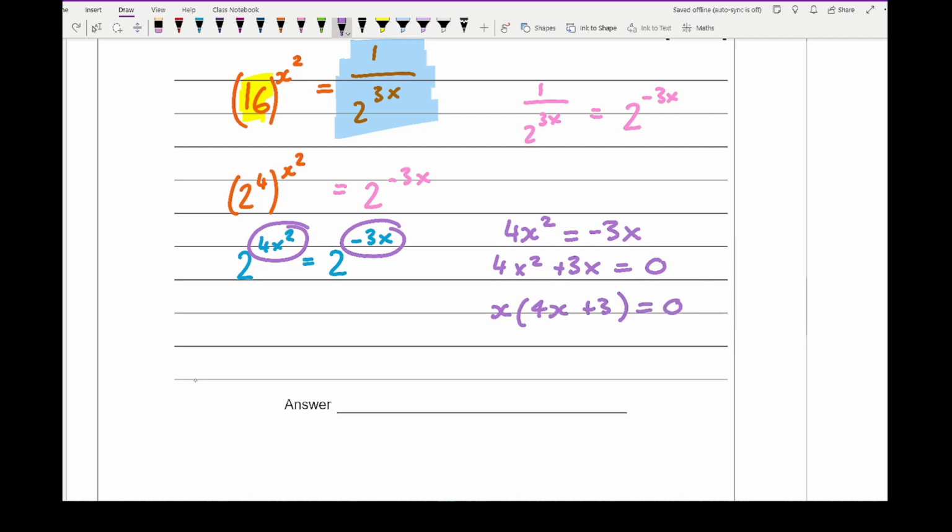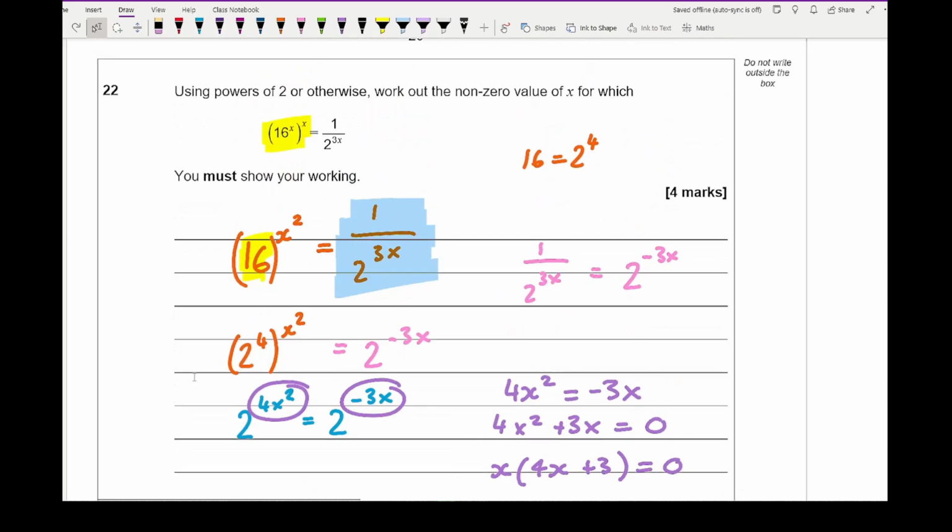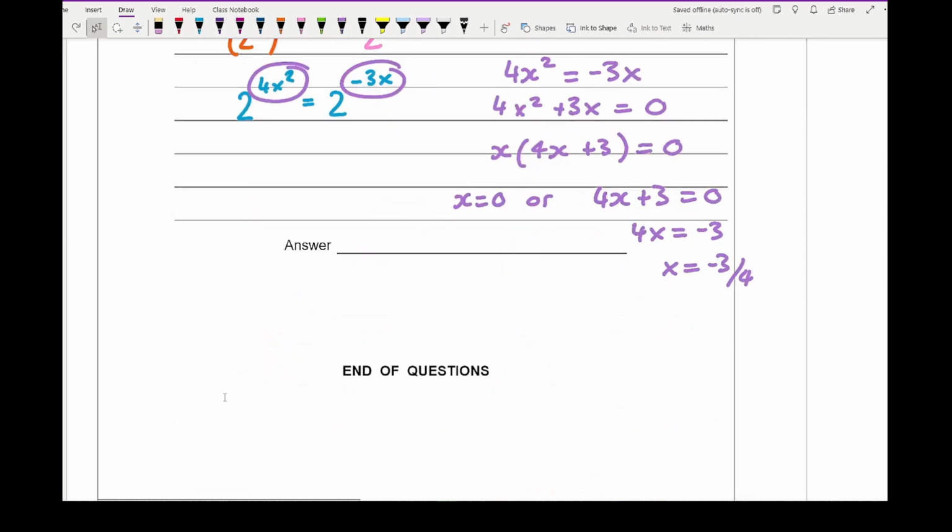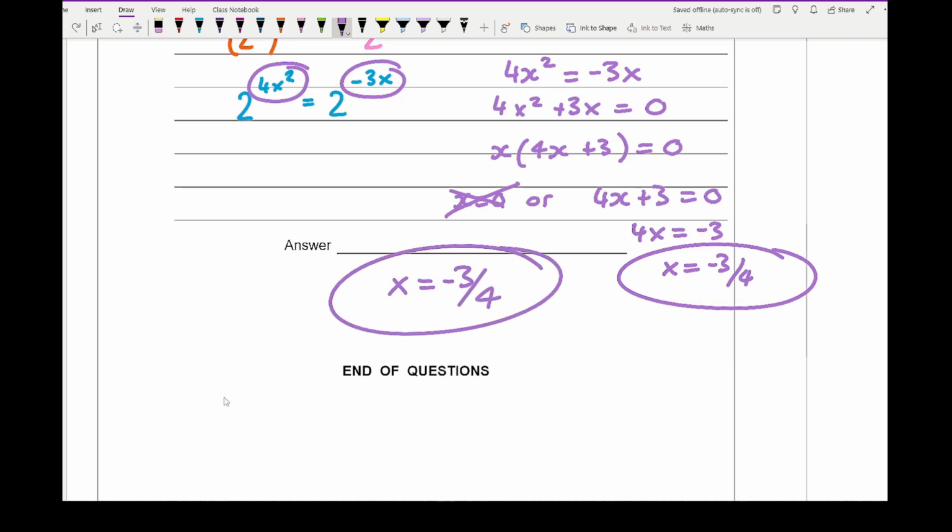So from this, what we've then got is 2 possible values of x, so either x equals 0 or 4x plus 3 equals 0, and solving this we get 4x equals minus 3, so x equals minus 3 over 4. It says in the question that we need to work out the non-zero value, so we don't want this value here, instead we want this value here, so x equals minus 3 over 4, and there we go.